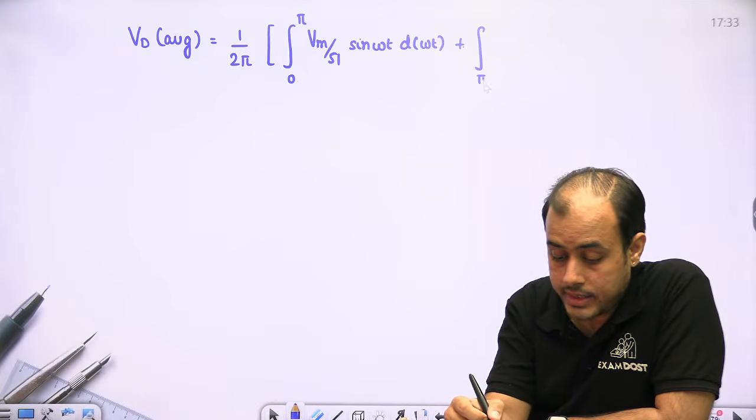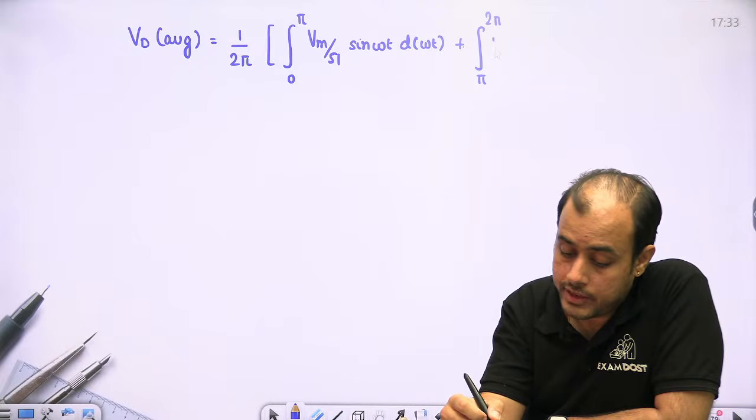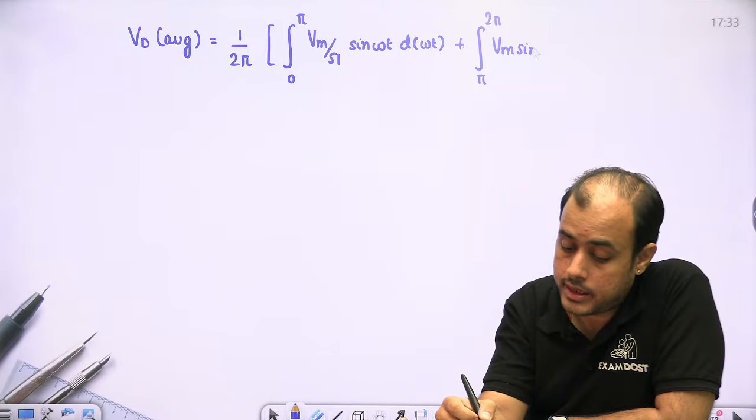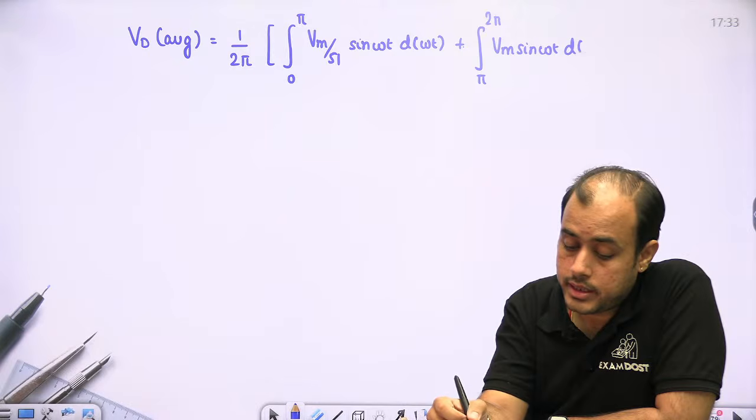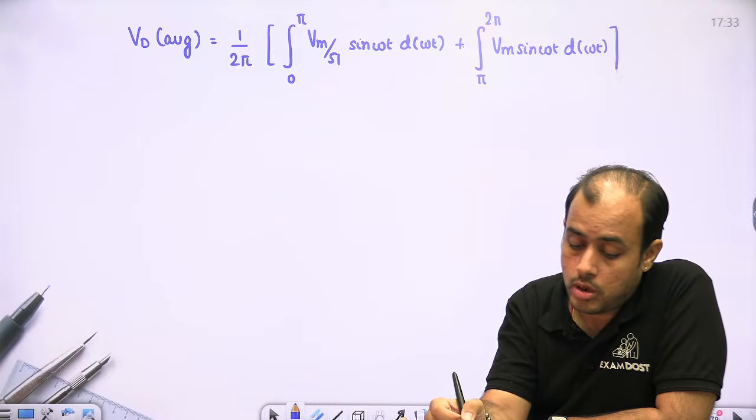Okay, then pi to 2 pi full supply voltage Vm sin omega t d omega t. So take Vm common.